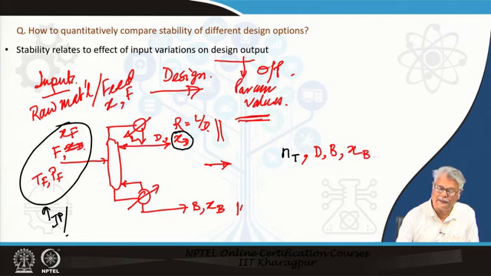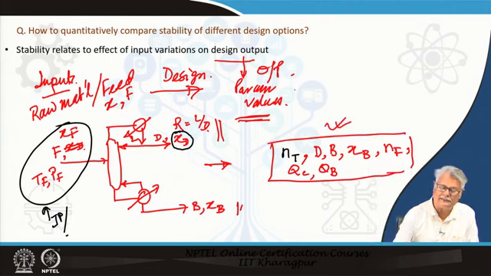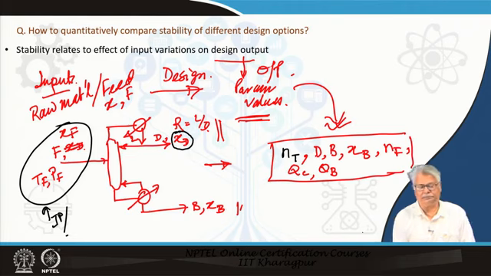So, I have found out my X B also, and also I have found out, corresponding to this particular number of trays, what is my feed tray location. Also, what I have here is my Q C and Q B, which are the heat loads here. So, from my design process, I generate these as output parameter values.